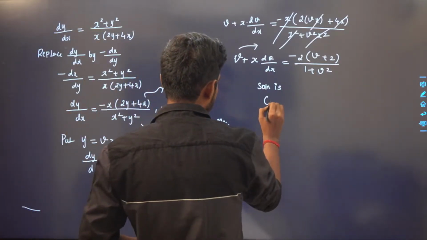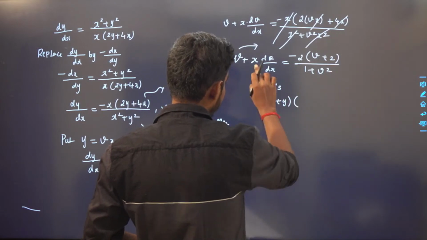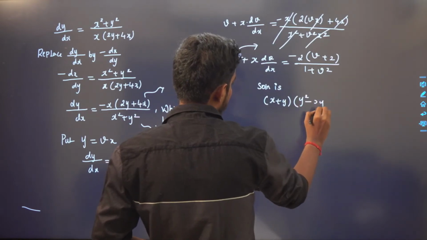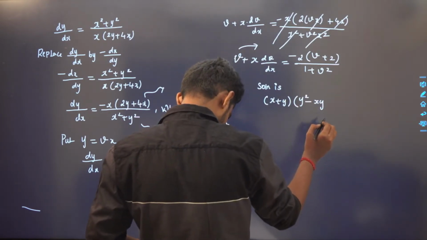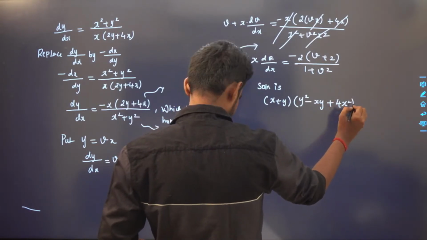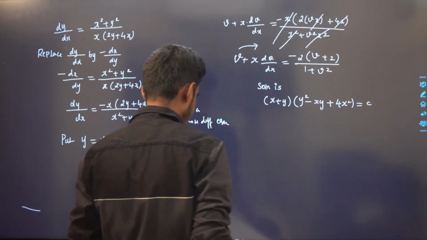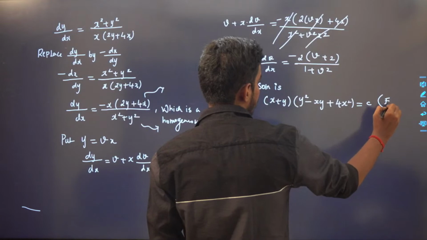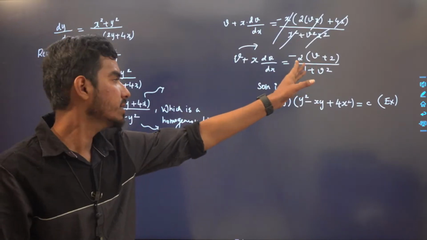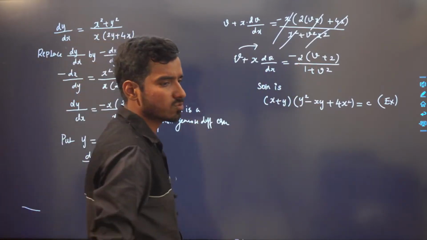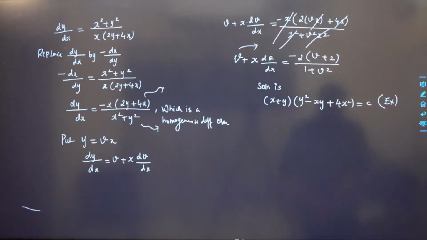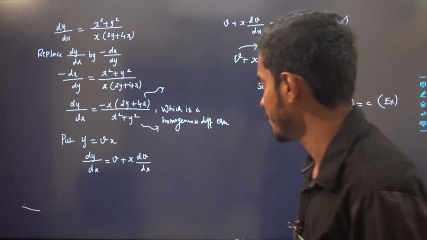The solution is x plus y, and after that you have to replace v by y by x: y square minus xy plus 4x square equal to c. You take this as an exercise. Very simple. Take this v to that side, separate the variables dv and dx on one side. You'll be getting a log formula, log of something. After that, you replace v by y by x. You'll get the required answer.